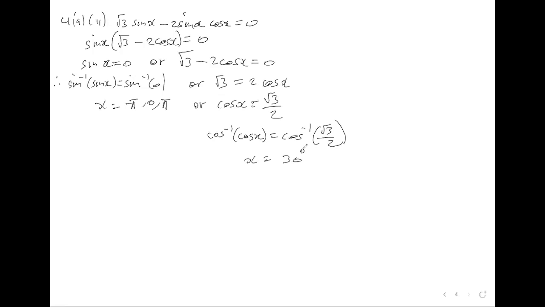Of course, we are considering the domain. Since this is the domain, negative pi over 2 and positive pi over 2, no wonder we have not considered the other value which we could have obtained from the other quadrant where cos is positive.